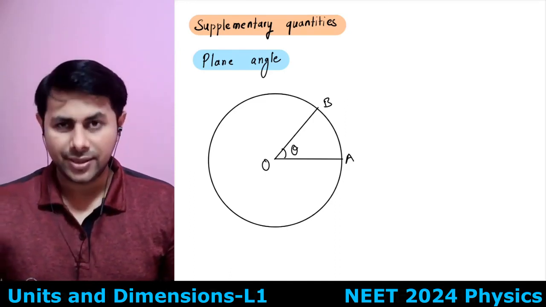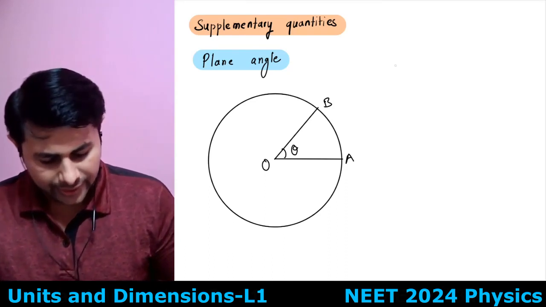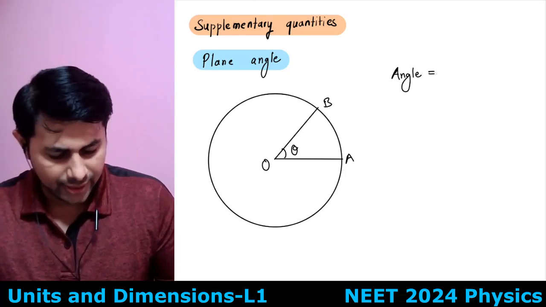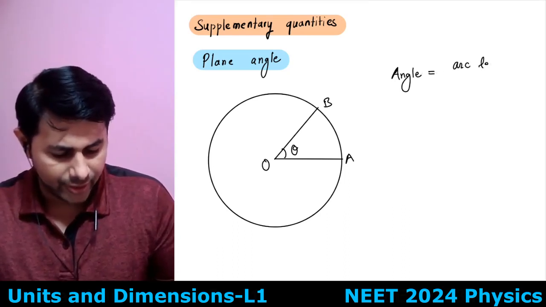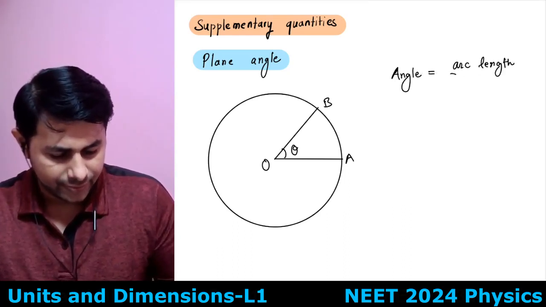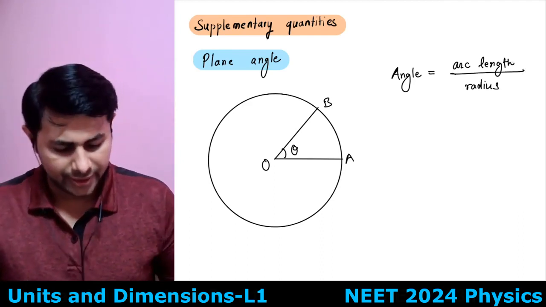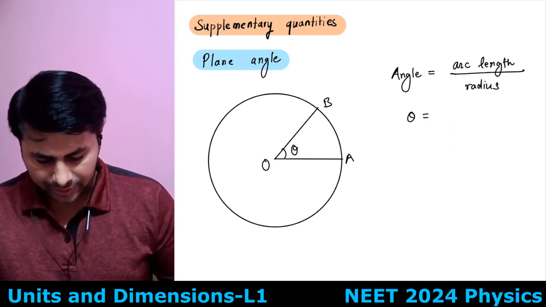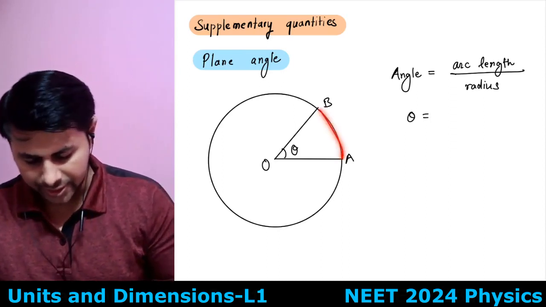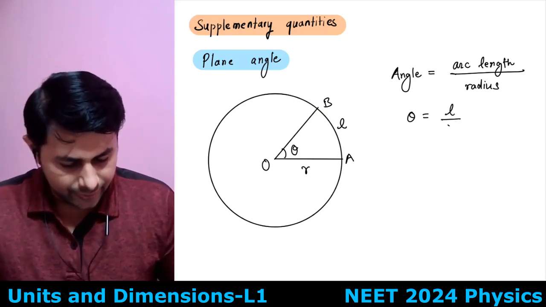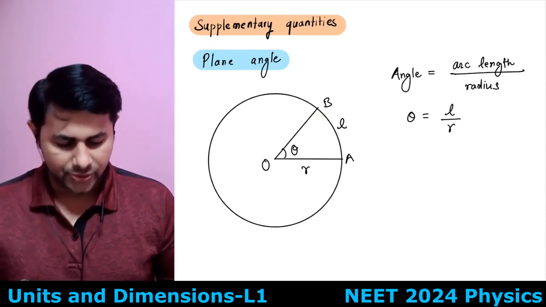And how do we find this angle? In the SI system, we define angle as arc length divided by the radius. So theta equals the length of this arc, let's call it L, divided by radius, which is R. And what is the unit of this?